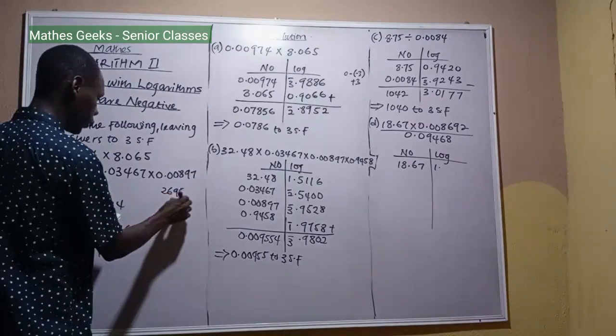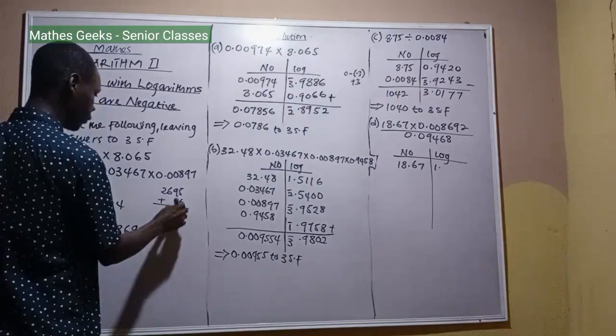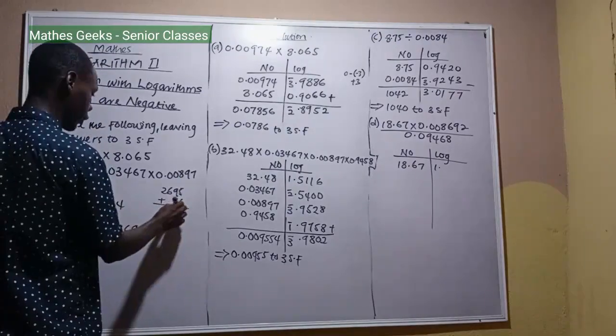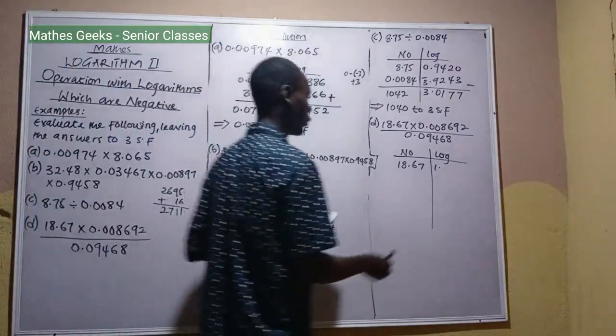Difference 7 is 16. 5 plus 6 will give us 11. 9 plus 1, 10 plus 1, 11. That's 1.2711.